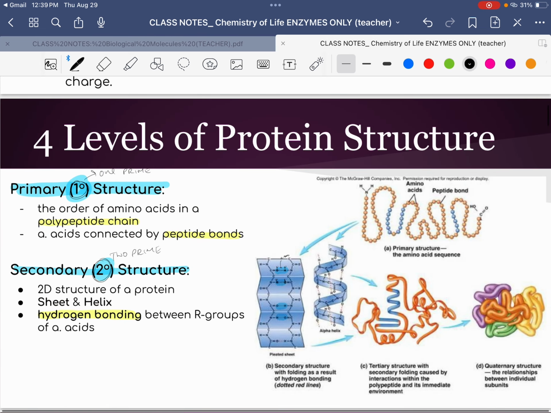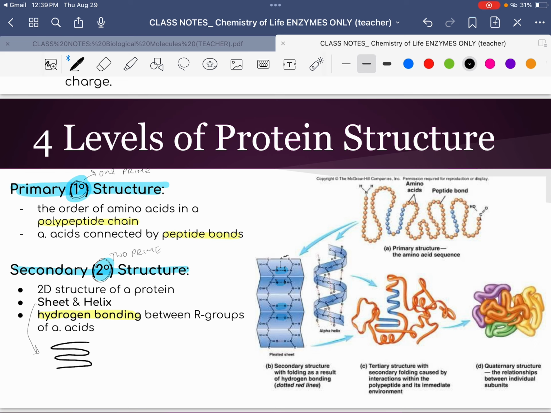Now in beta sheet, typically what it is is this folded structure like this, whereas helix is more of a twisting structure. Okay, so this is sheet, and it's typically more folded.